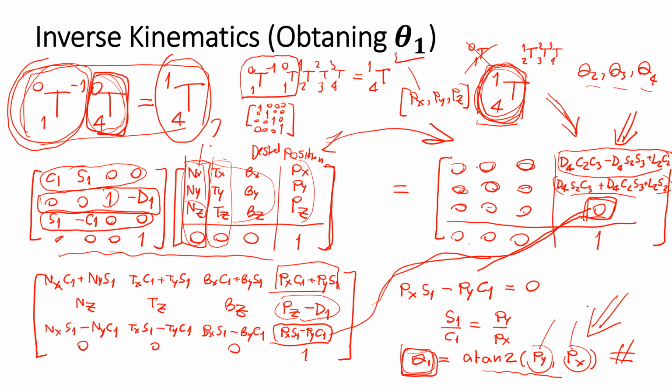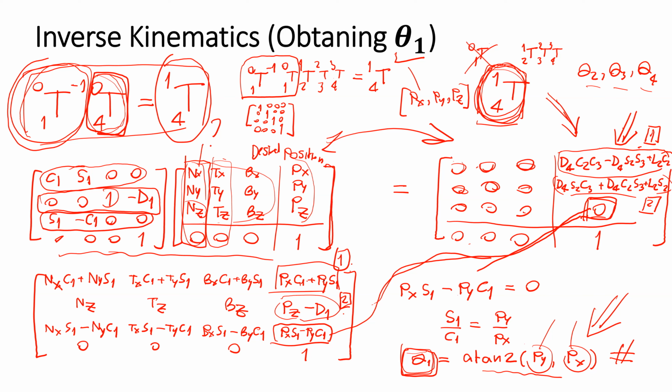The next one that we're going to obtain will be theta 3. So which equations do we need? I'm going to tell you that we need this equation and this equation. I'm going to use these two components and put them on a blank page.